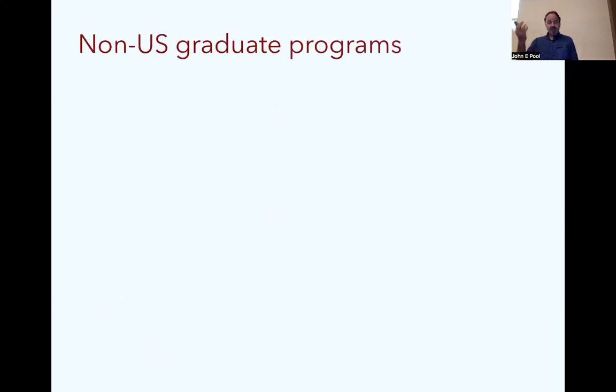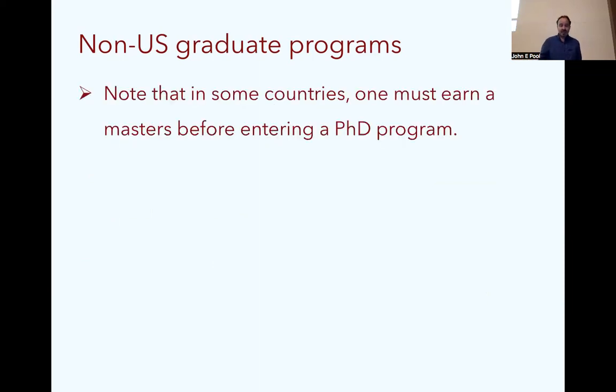Now, if you really wanted to broaden your horizons, you could consider graduate programs in a country where you haven't lived before. I know that not everyone in this room has grown up in the US. I've been focusing largely on US-based programs, so I want to acknowledge that there are limits in my knowledge about programs in other countries.